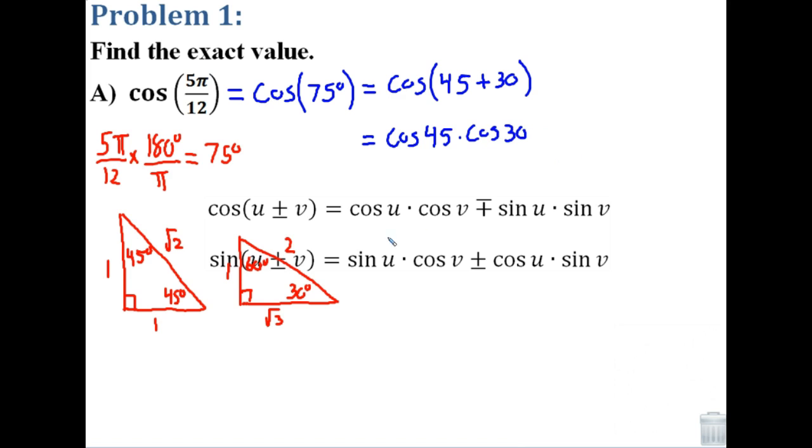And notice the way I have this written, I have it as cosine with a plus minus and a minus plus here. That just means whatever the sign is in the first case, you're going to flip it for the second case. So since I have addition, I'm going to flip that around to subtraction and go sine of my first angle, sine 45, times sine of the second angle, sine 30.